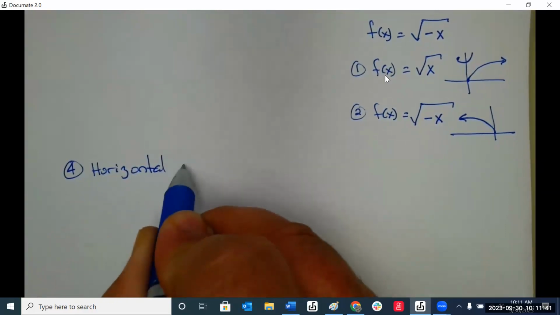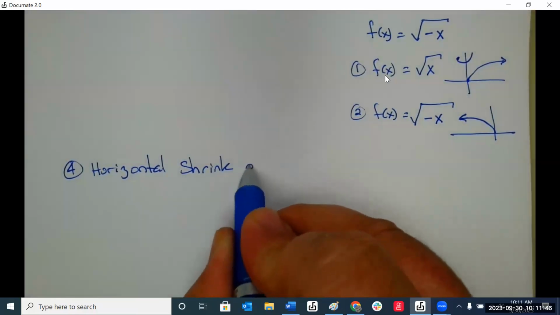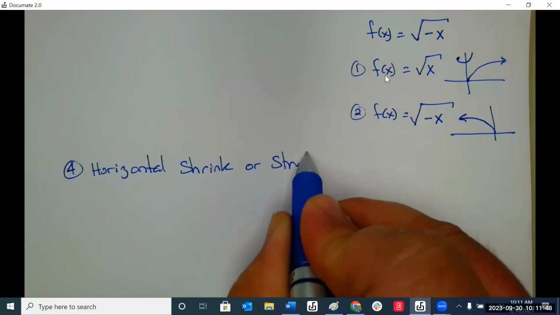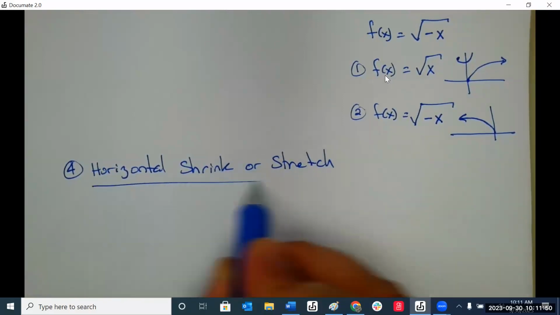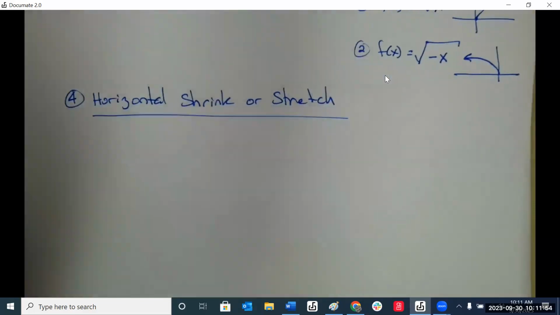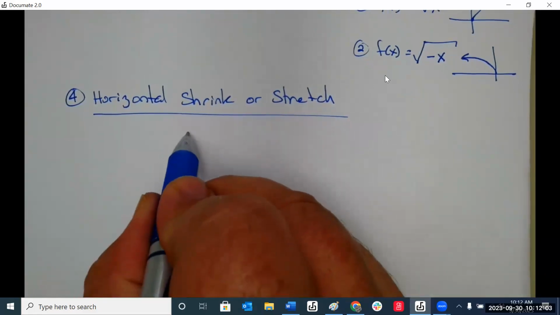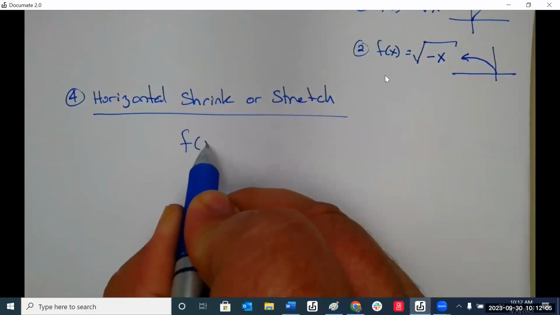Horizontal shrink or stretch. So here's our function.